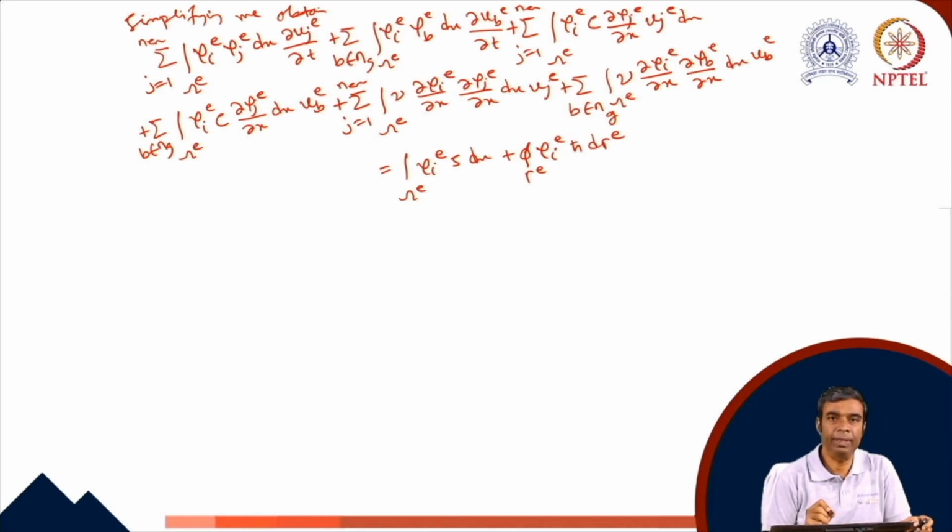So this represents the spatially discretized convection diffusion equation.